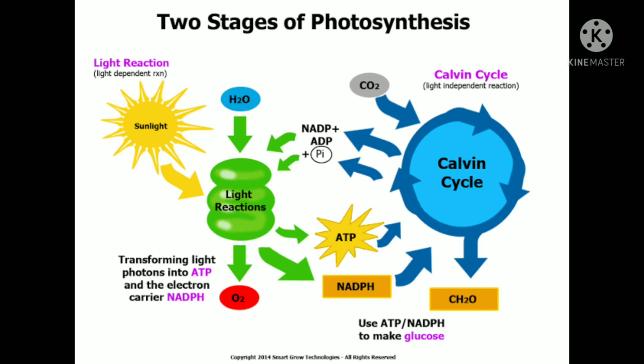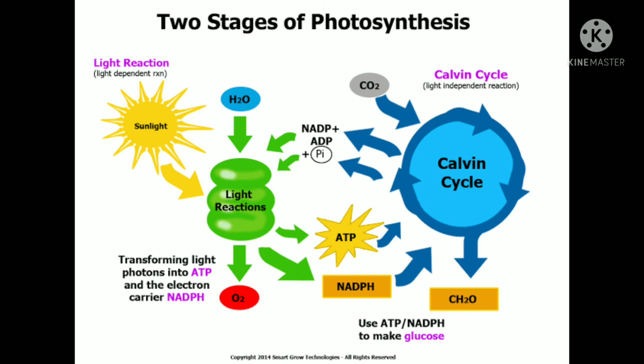Then next is the formation of NADPH, that is nicotinamide adenine dinucleotide phosphate, from NADP and H+ ion. ATP and NADPH, which is an electron carrier, are further used in the dark phase or Calvin cycle of photosynthesis.